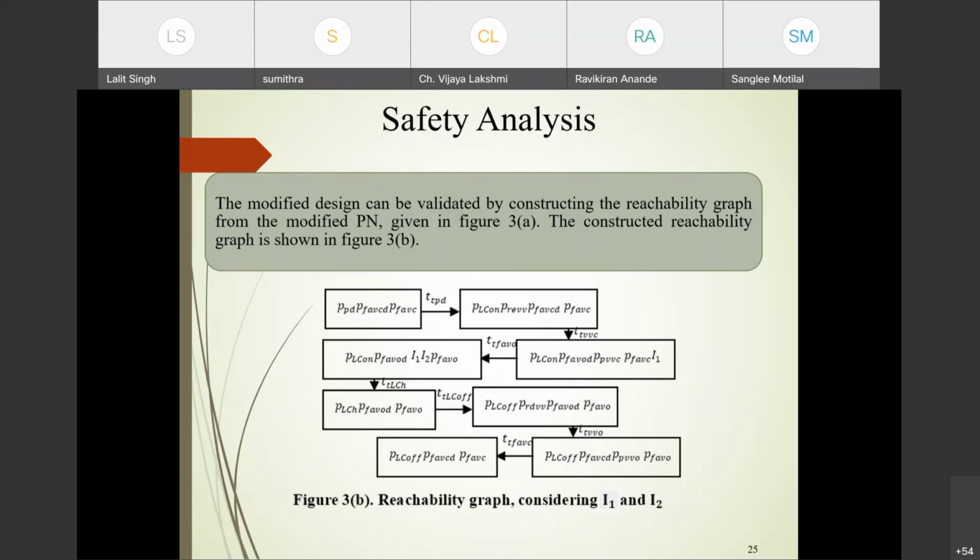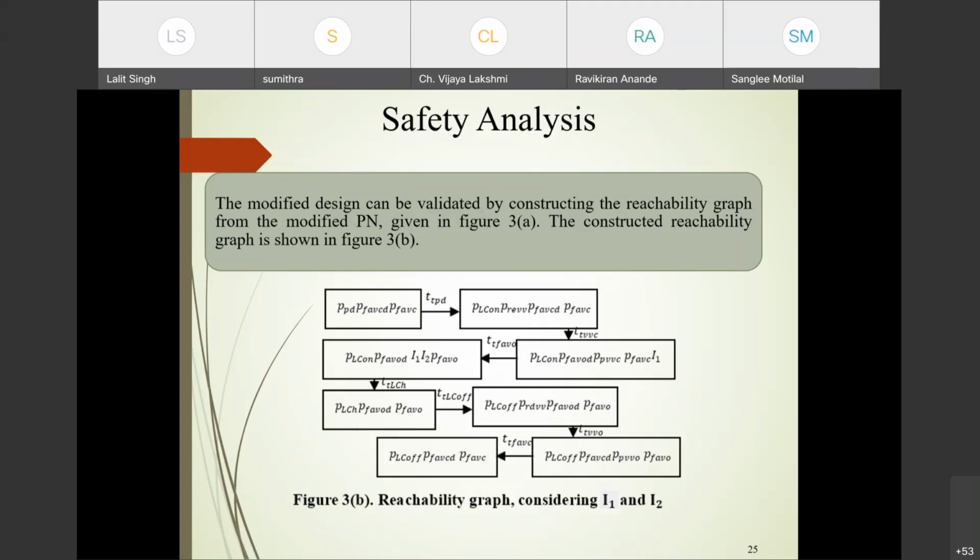And hence, why don't we try two cases? First, keep only one additional place, remove the other additional place, and try to draw the reachability graph. Then I analyze all the states.